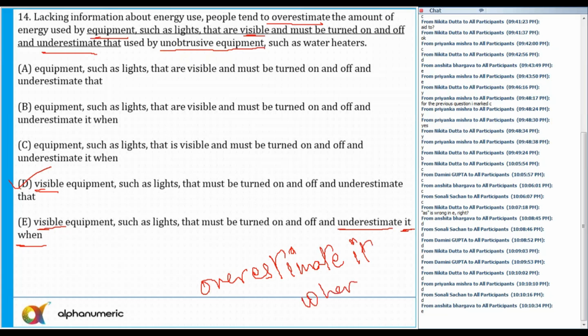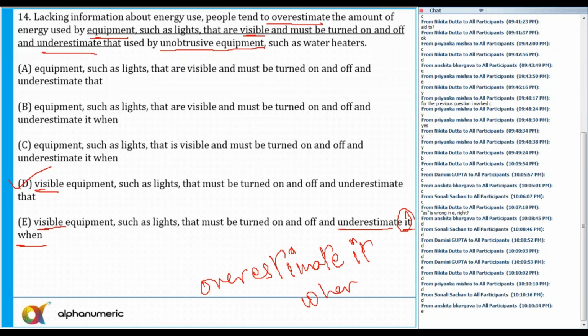We overestimate it when we use visible equipment, and we underestimate it when we use unobtrusive equipment. So it is not going to be parallel. I think E is not right. D should be the answer for question number 14.